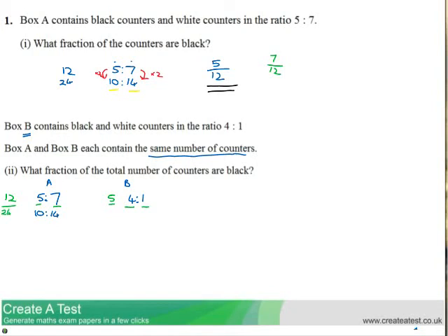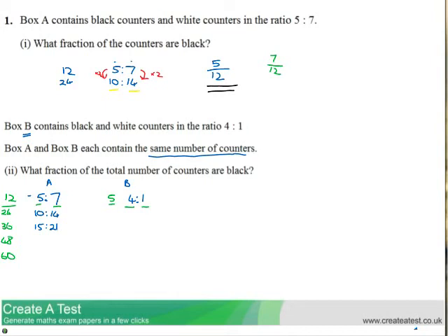We could keep on doing this, and we could say 15 to 21, which is 3 times the original ratio, and is still equivalent. And we could keep on going like this, and what you'll find is down the left hand side here, we are writing out multiples of 12.